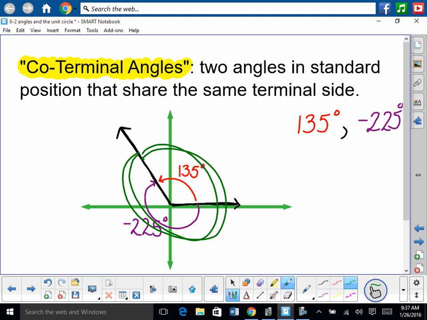So let's go this way: 135 minus 360, wouldn't we be back to here? That's how they got that. Do 135 minus 360. What do you get? Negative 225. Do you get how you can do it? You can add 360 to an angle or subtract 360 from an angle, and it will put you at the same place. Do you understand that? Okay.